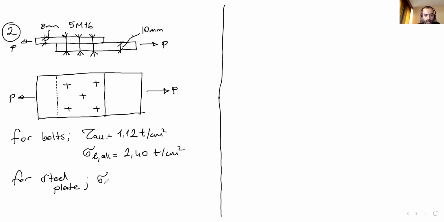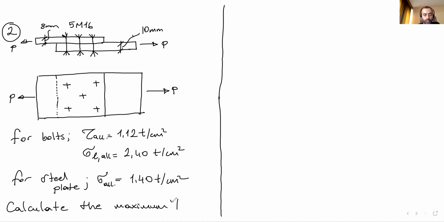Sigma allowable 1.40. Calculate the maximum P. This is the question.